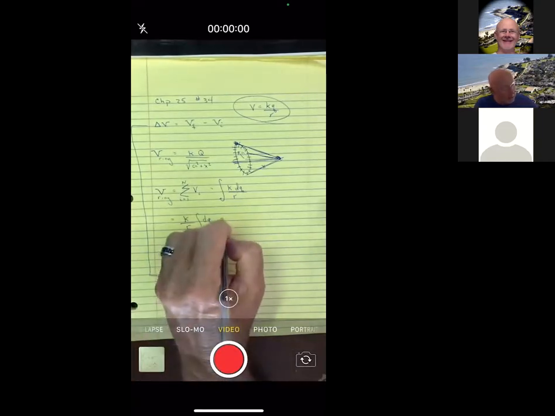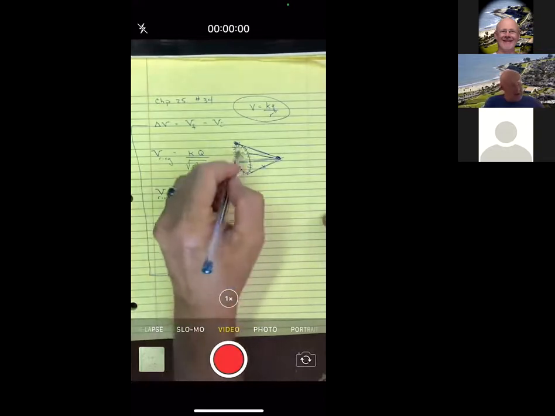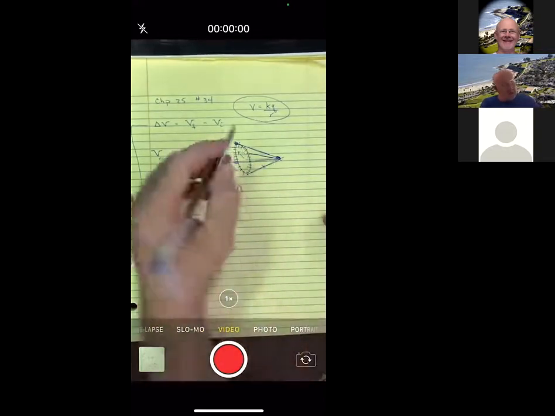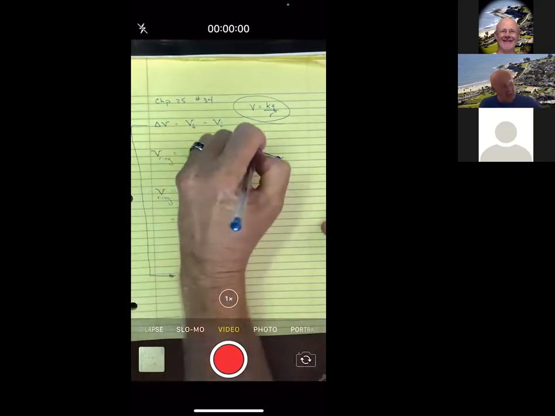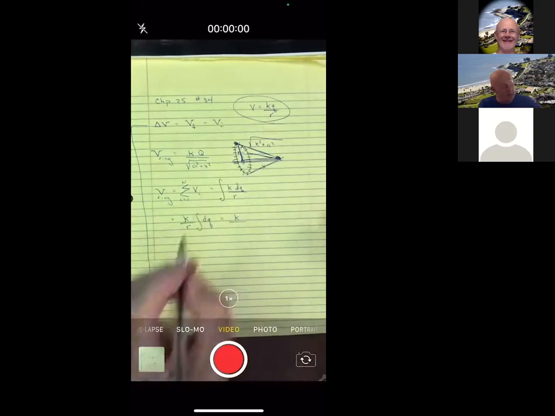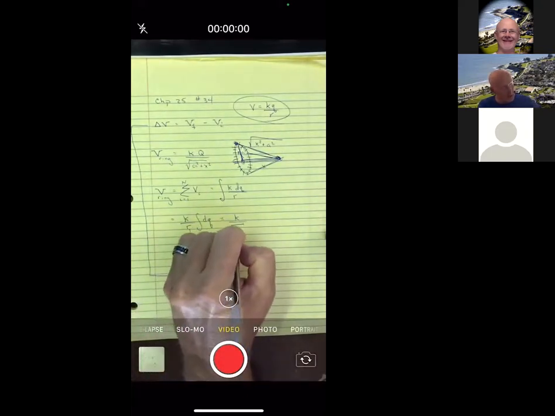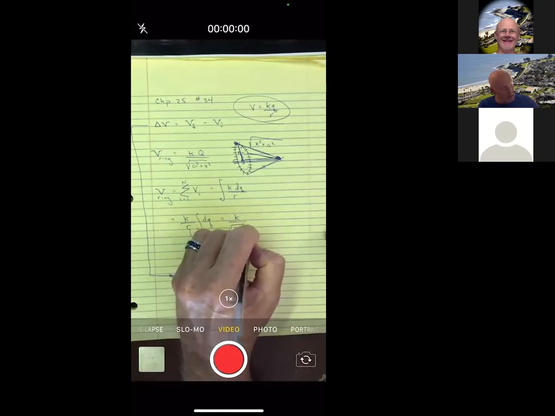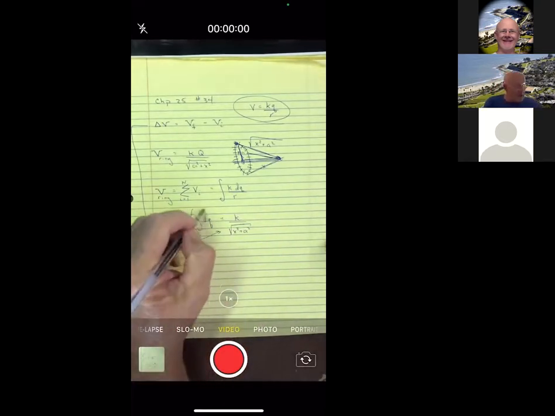In fact, not only is it the same value, I can use Pythagorean's theorem to figure it out, because this would be x and then this would be a. And so this distance here would be x squared plus a squared, square rooted. So this r is then the square root of x squared plus a squared. So there's the r. And then this integral is even easier.